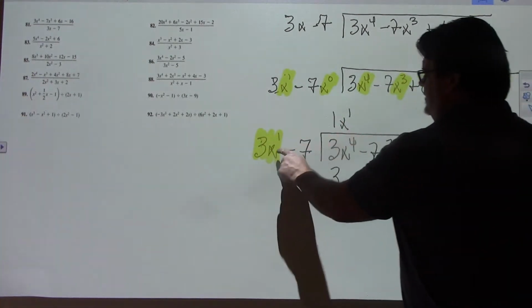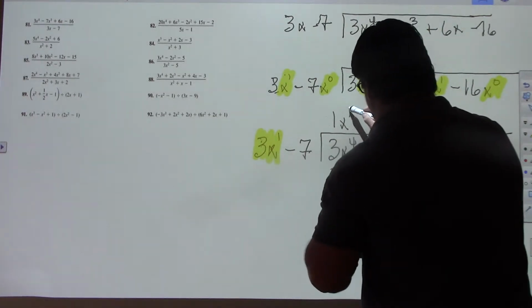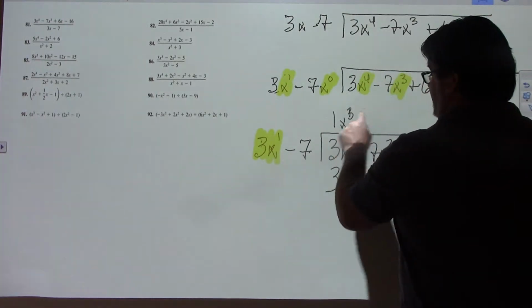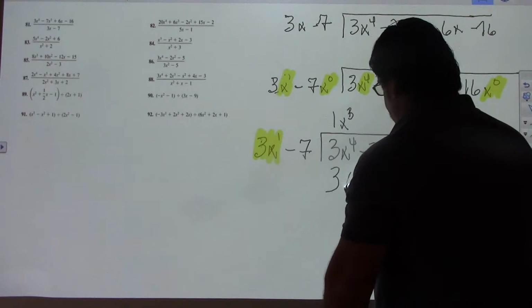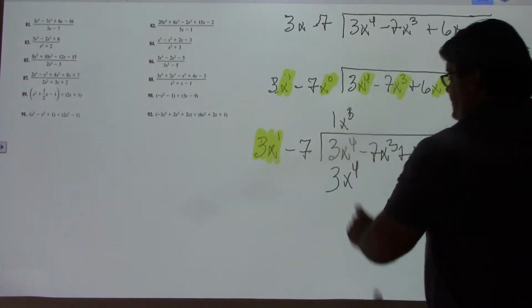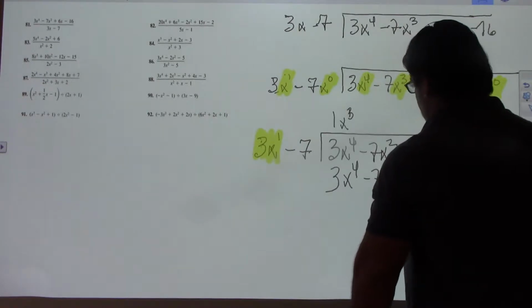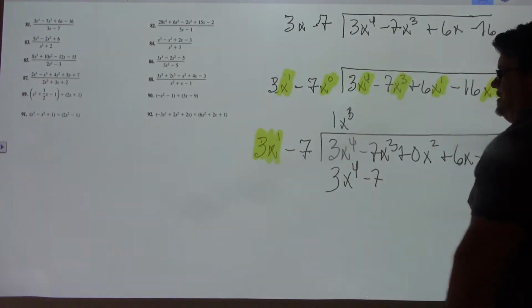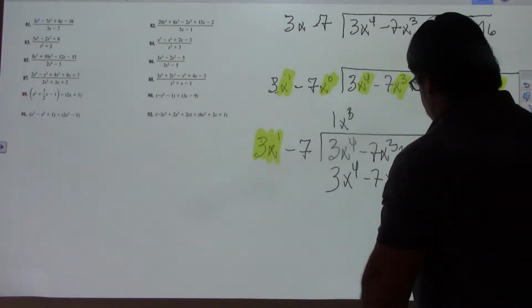X to the first times x to the third is x to the fourth. Now you do 1 times negative 7 is negative 7. And x to the third times x to the 0 is x to the third.